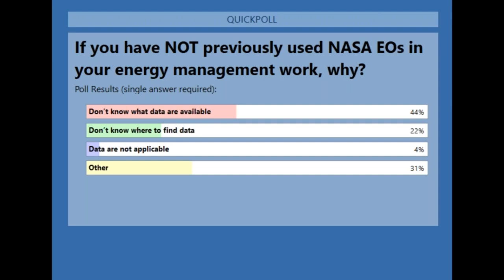And for the 31% who said other, hopefully in the knowledge check or in the survey or even in the comments, we'd love to hear what other barriers you've experienced with why you haven't previously used NASA Earth observations. But we'll get into where you can find the data and what data you can find starting right now. So we'll keep going with the presentation.